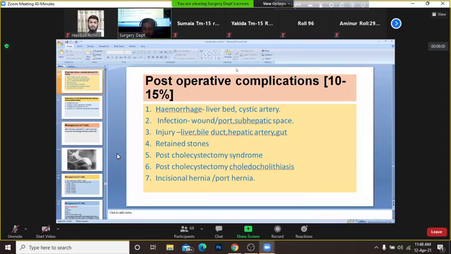But it is observed that even after oral dissolution of the stone, there is a strong possibility of recurrence.